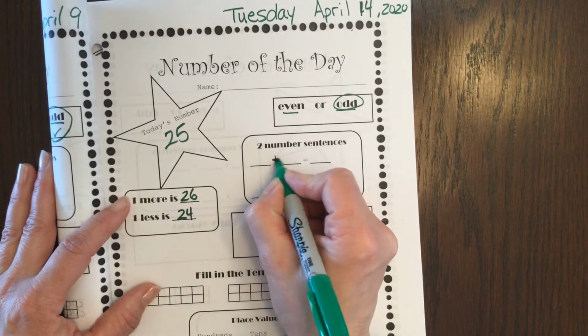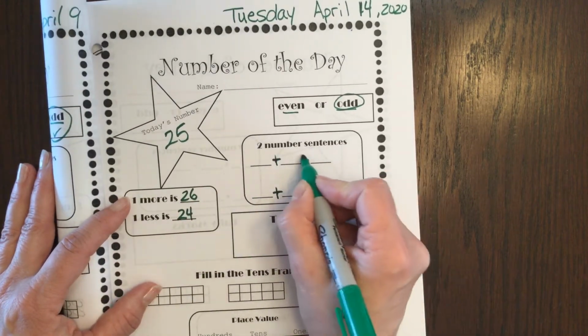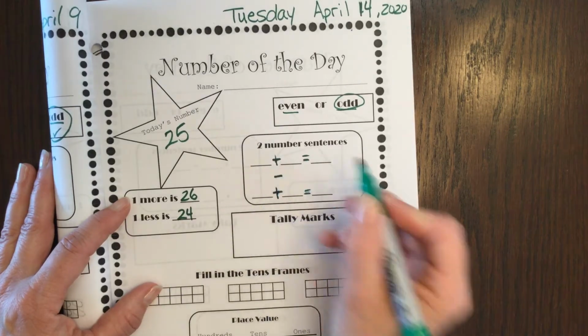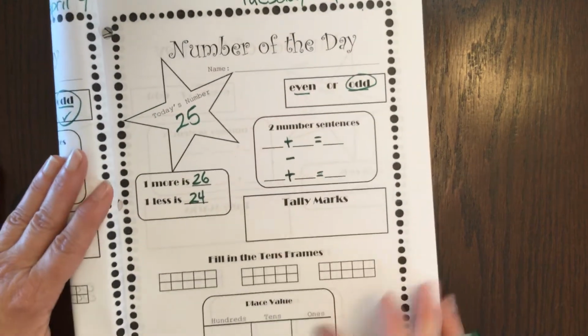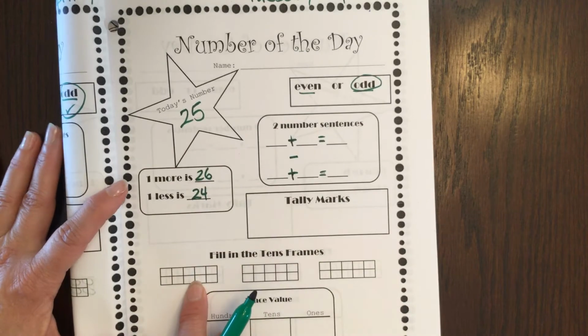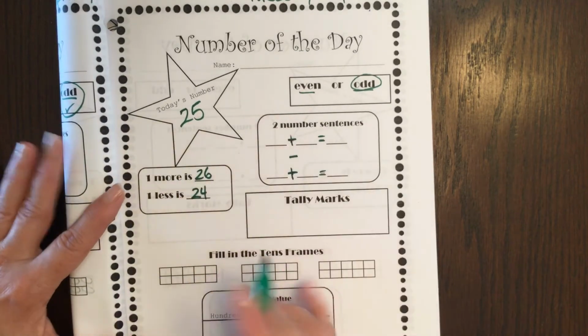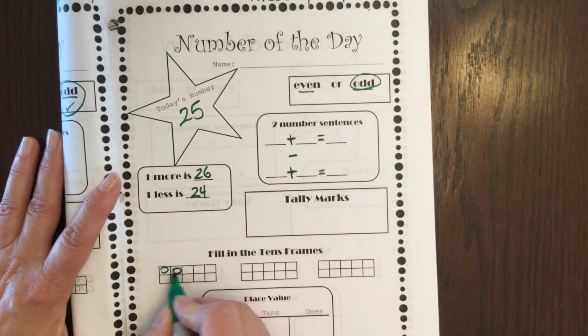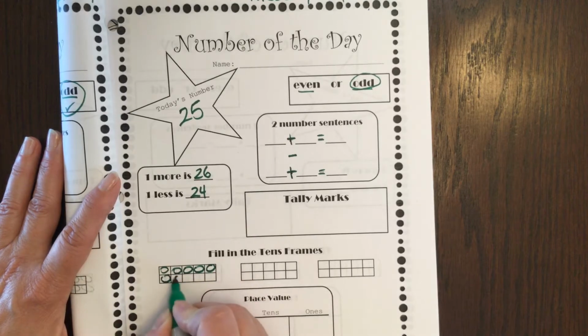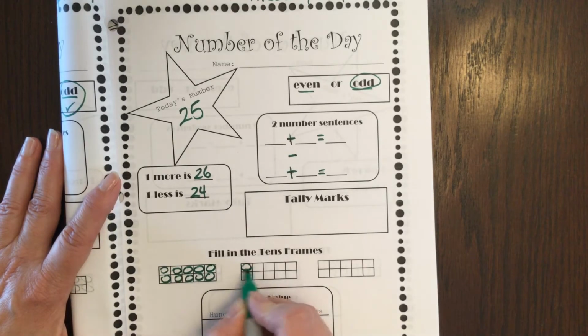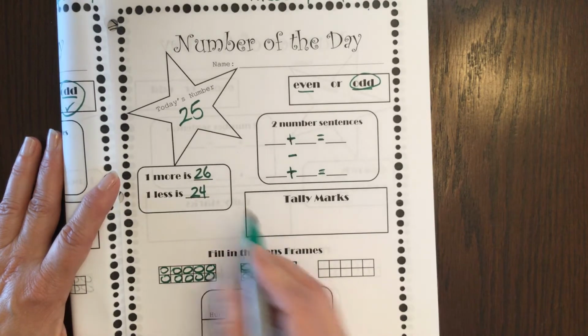I want 2 addition questions, and I want 1 subtraction question today using 25. I always like to use my tally marks or my 10 frames to help me create my numbers. So I'm going to have 20 full, 2 full 10 frames make 20, and I need 5 more.